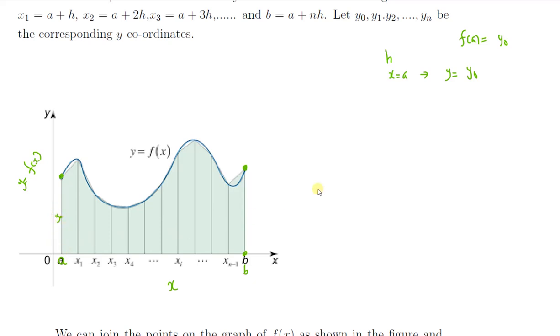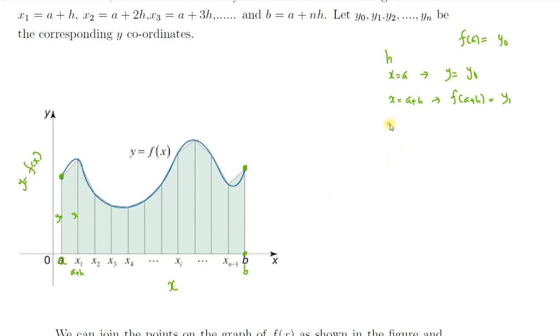Now give x is equal to a plus h, where h is a small increment we are giving to the value of x. Now the value of the function is f of a plus h, so you can take it as y1. If the next value of x is a plus h, this height will be f of a plus h, which we take as y1.